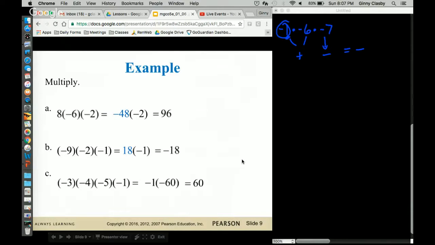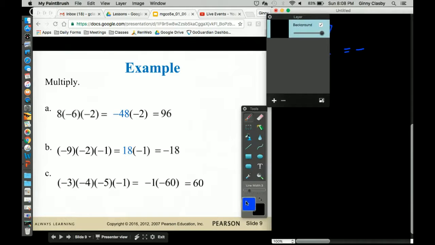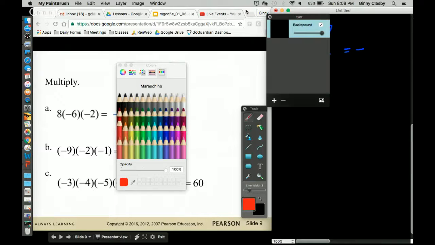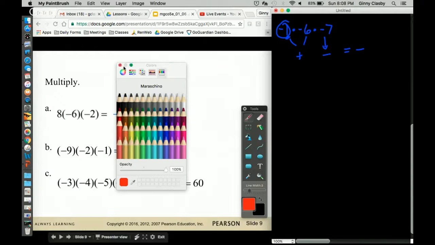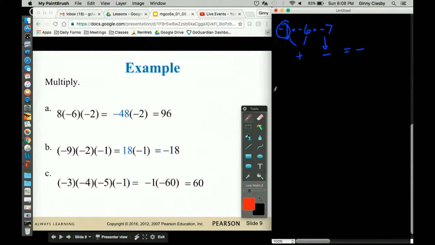All right, and some more examples for you. Shouldn't be that much to look at. I want to bring your attention down to this bottom one, okay? Because this one is an even number of multiples, where the last one was an odd number. So you have a negative 3 times a negative 4 times a negative 5 times a negative 1.